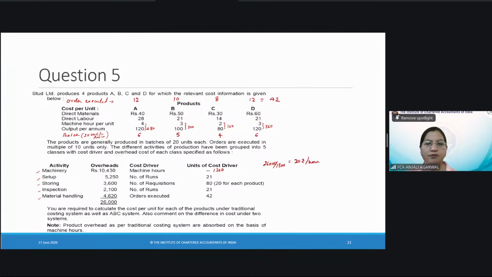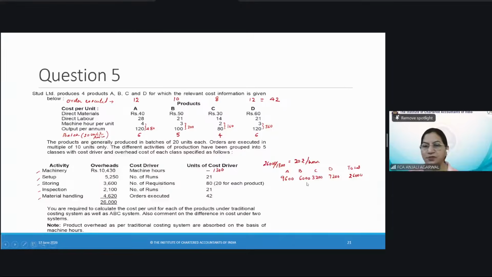So for A, it would be 480 into 20, 9,600. For B, it would be 300 into 20, 6,000. For C, it would be 160 into 20, 3,200. And for D, it would be 360 into 20, 7,200. A total of 26,000.